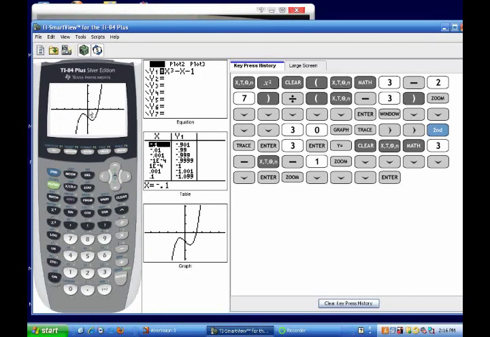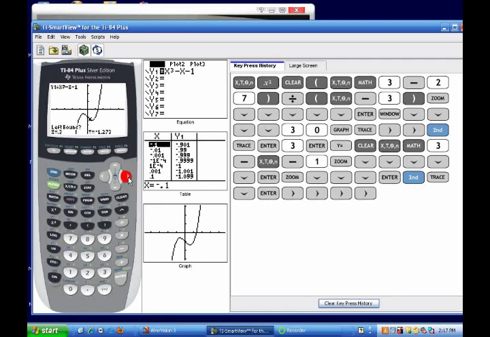We can find it. Go, oh man, I can't see these things. Second, calc. Actually, I just do the 0 of the function right there. 0, find the 0 of the function, which is the same thing as the root, which is the same thing as x-intercept. And it's going to ask me 3 questions. It's going to ask me a left bound, a right bound, and a point of guess.